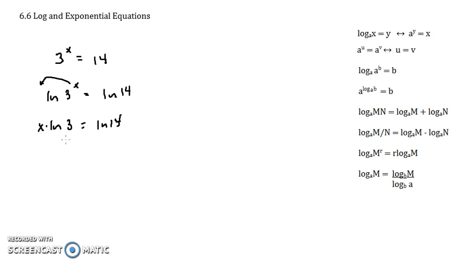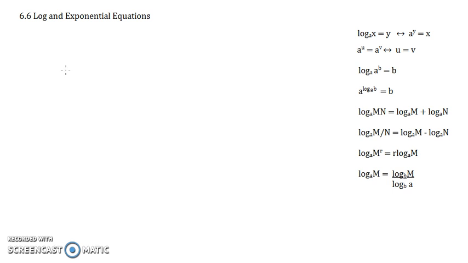So since we have x times ln 3, we can divide by ln 3 on both sides, and we've got x is equal to a number: natural log of 14 over natural log of 3. You may want to try to put this in your calculator and make sure you can get the correct decimal for it. It should come out to be 2.40. Make sure that you can make that calculation.